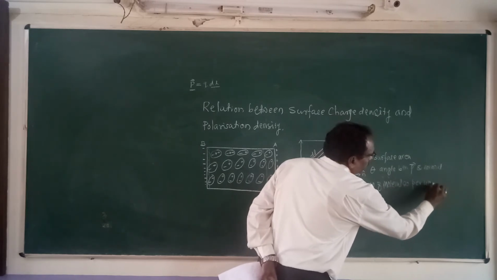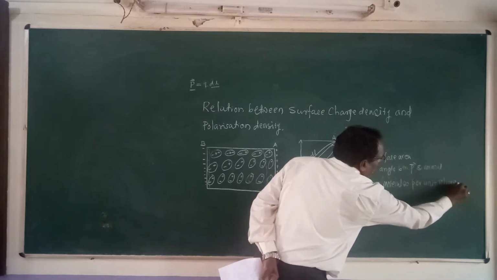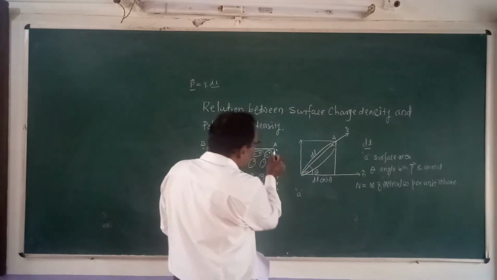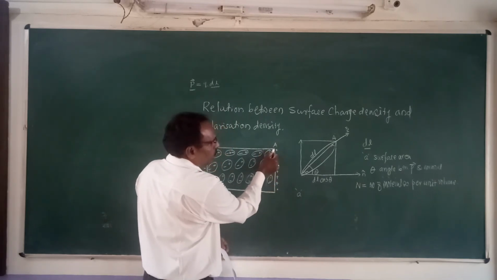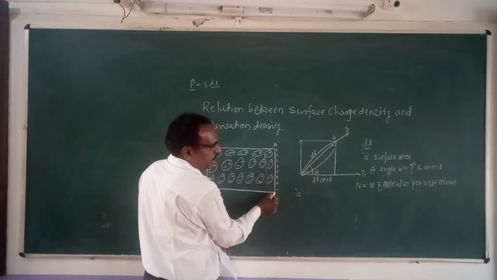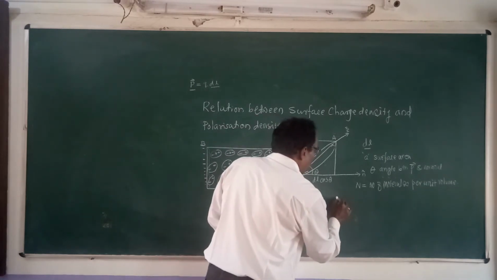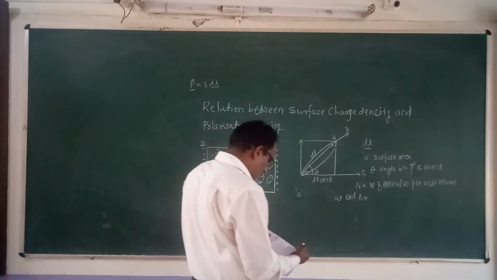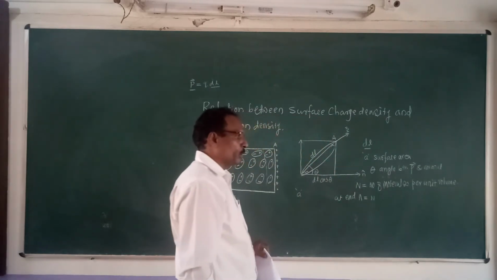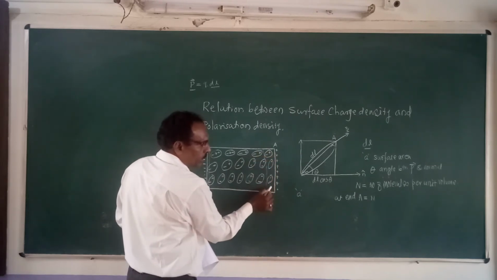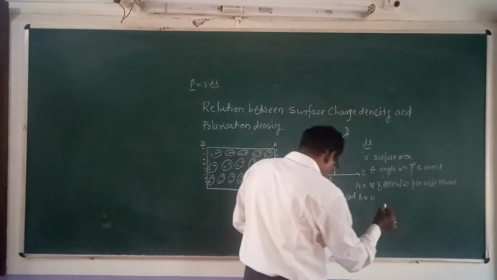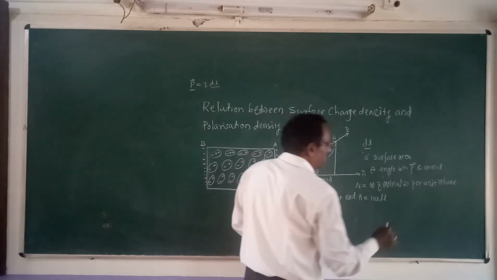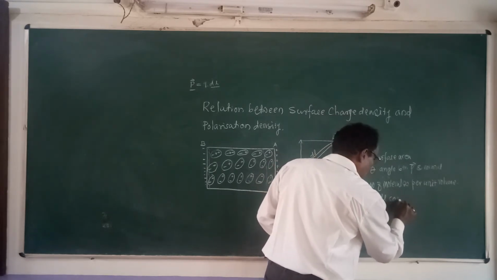So let us calculate the number of charges on this side, at end A. That is n, the number of molecules per unit volume in a thickness called the molecular thickness layer, times A, the surface area, times dl, the distance between the centers of the two charges, times cos theta.